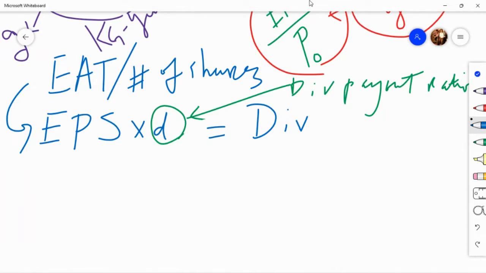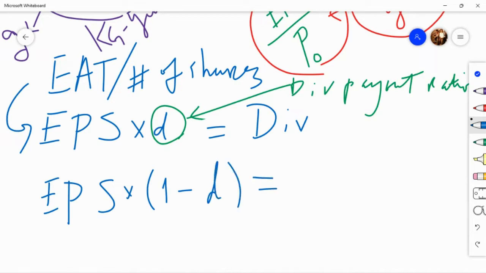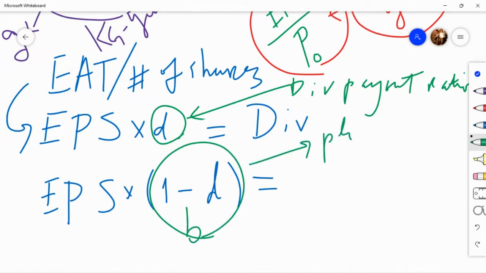But the point is, this dividend payout ratio, so 1 minus dividend payout ratio is what? 1 minus dividend payout ratio is called the plowback ratio, called B, right? Literally, you plow back.